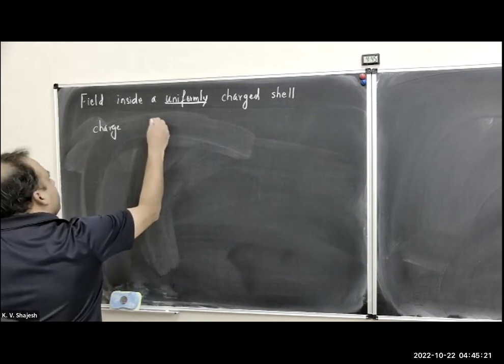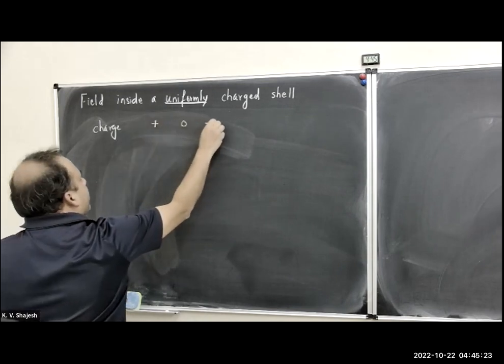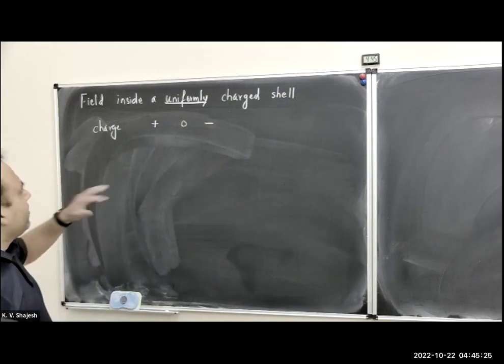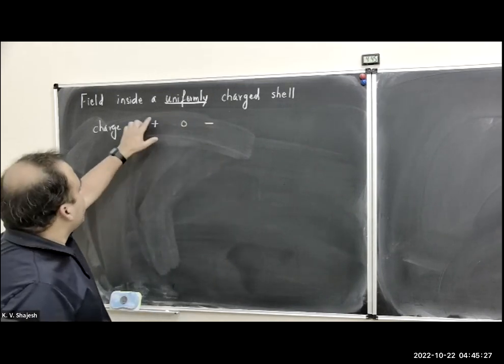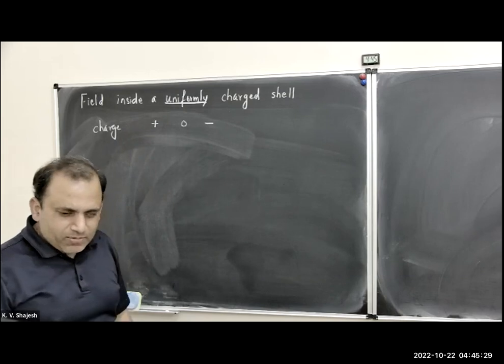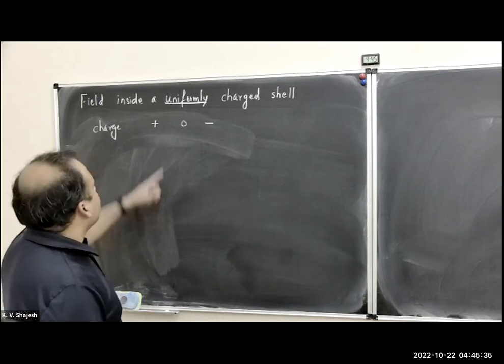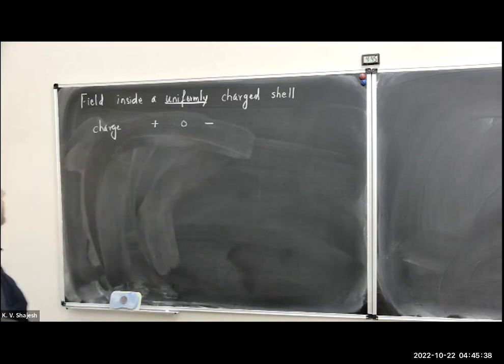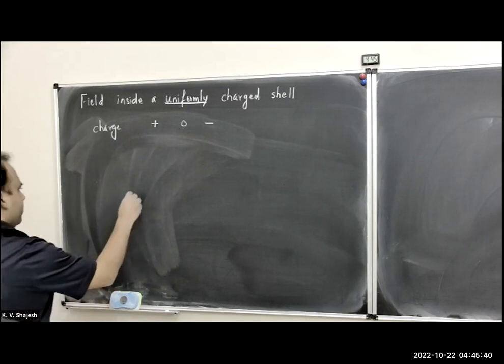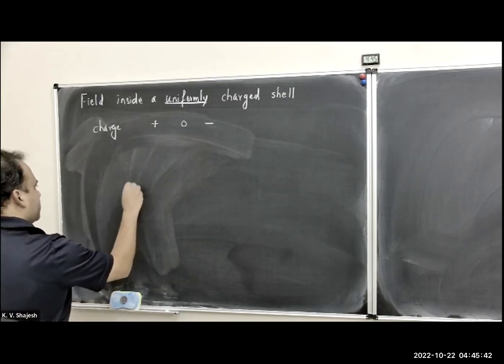Charge could be positive, zero, or negative. And in this discussion, we will exclusively say all the charges I'm going to talk about are positive. And in that sense, that will have some analogy with gravity, because in gravity, we don't have zero and negative. So let's come back to positive charges.